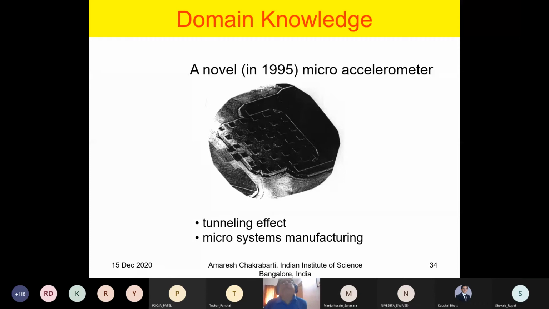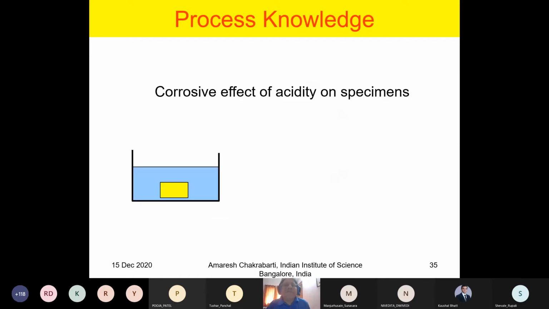So that's the importance of the domain knowledge in addition to the design process knowledge, for you to develop something, design something. Now, here's an example of process knowledge, right? This is an example of an acid bath, just in a cartoon. This is the black thing.